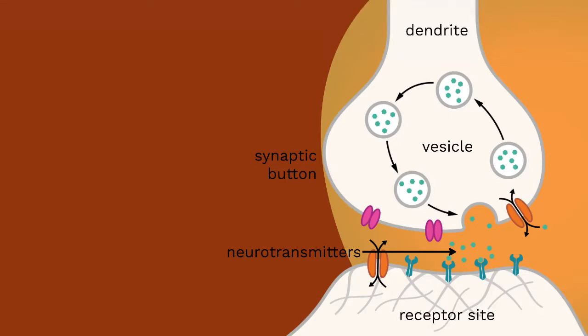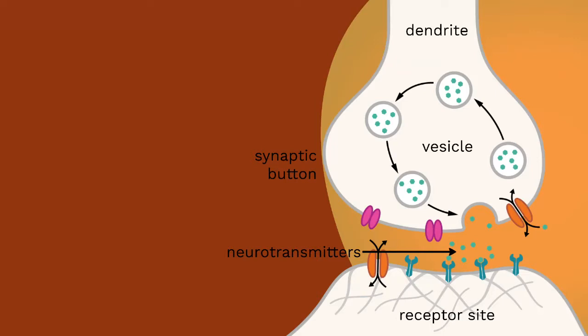Any one neuron will always contain the same neurotransmitter in its vesicles, but there are many different transmitter chemicals used in the nervous system. The influence of the chemicals from one single synapse wouldn't be enough to make another neuron react. But if enough synapses are stimulated, the cell membrane of the next neuron changes.